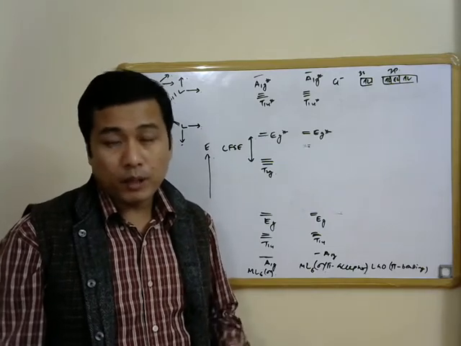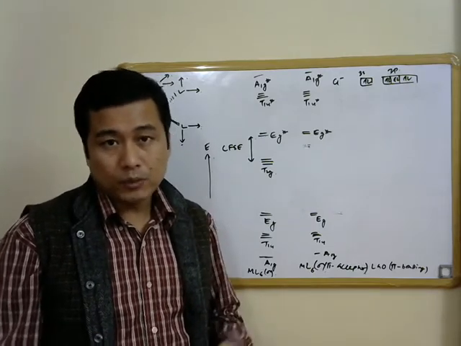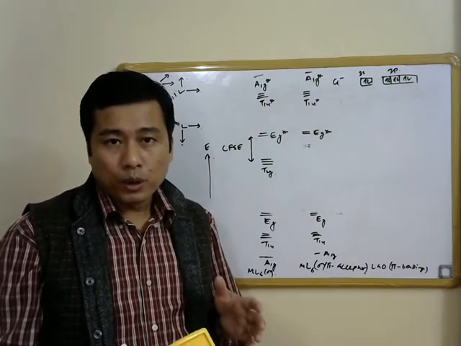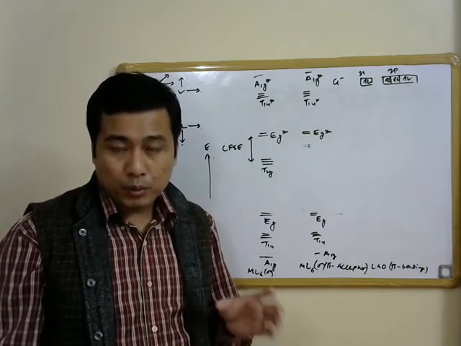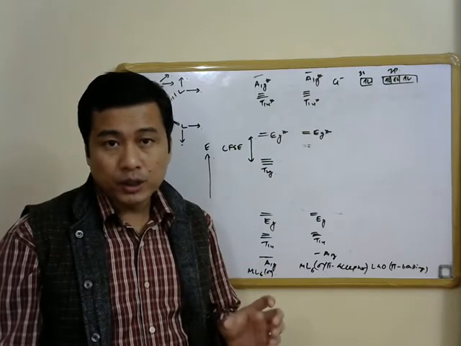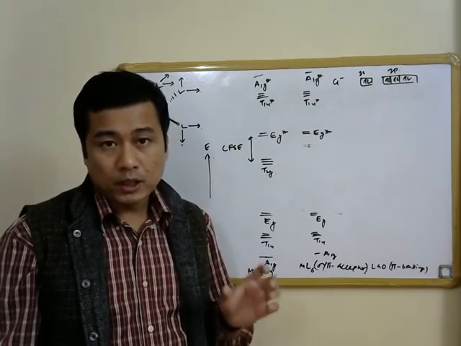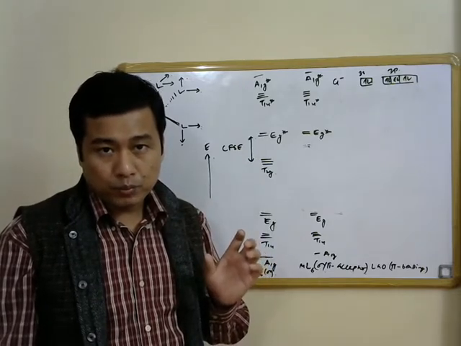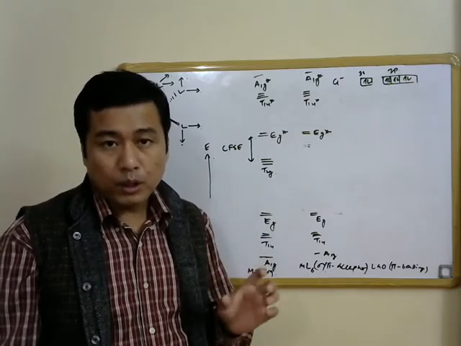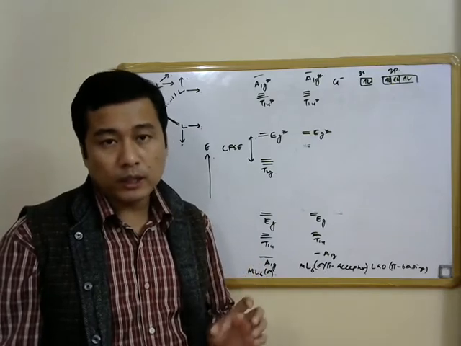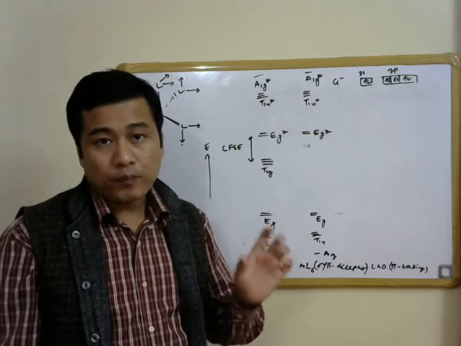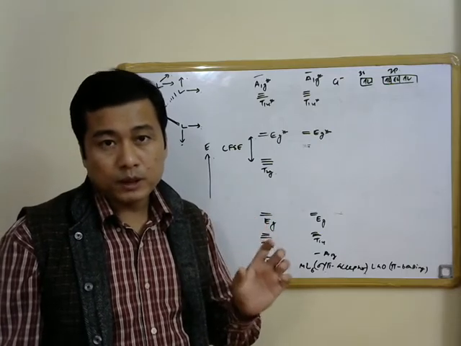Now, we know this carbonyl ligand has pi star orbitals. If you draw the molecular orbital diagram of carbon monoxide, what you will observe is that the pi star molecular orbitals of the carbon monoxide molecule are empty, and the HOMO is a sigma 2p molecular orbital, which contains 2 electrons, and then there is the pi star molecular orbital, which is empty.